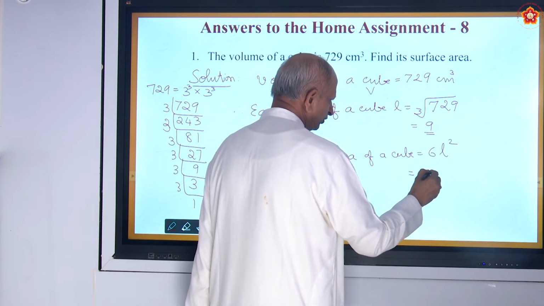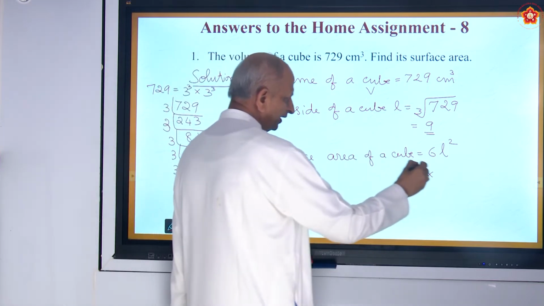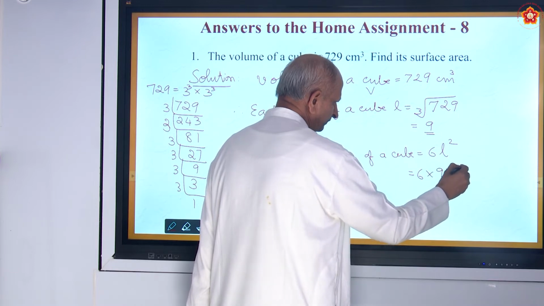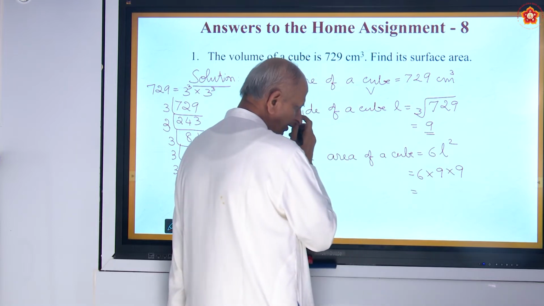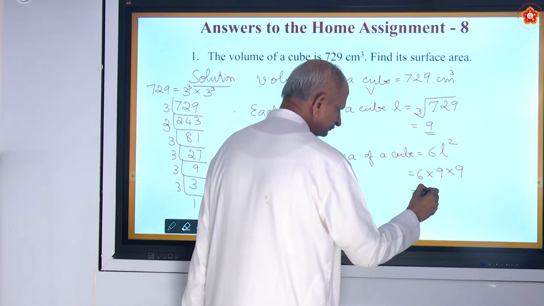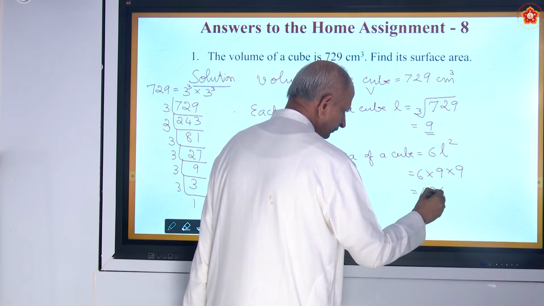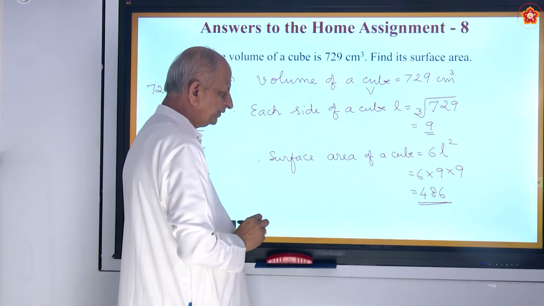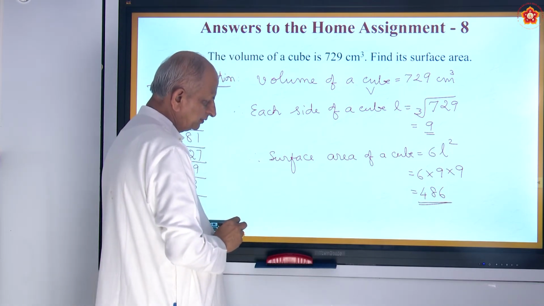So 6 into 9 square, that is 9 into 9, which is 81. 81 into 6: 6 1s are 6, 6 8s are 48.